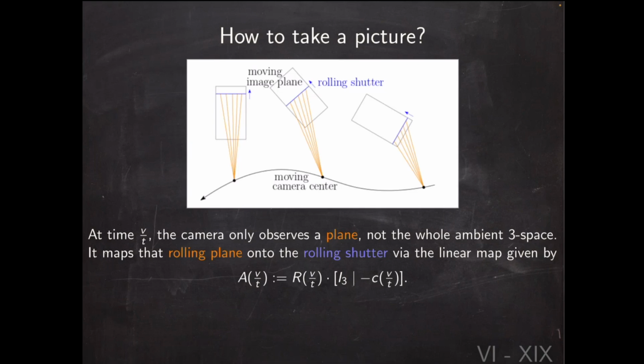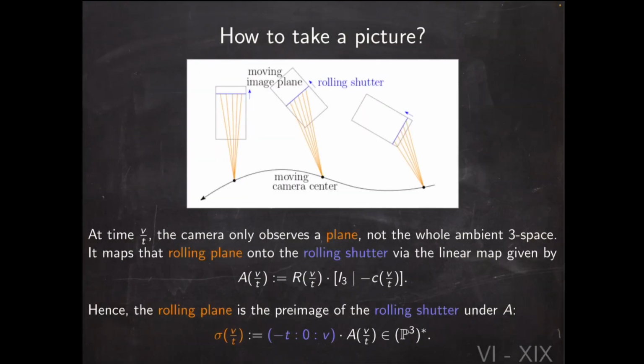So if I know the blue line, which was given by this vector as one concrete choice, then I can compute the plane by taking the pre-image under this linear map. So given how the blue rolling shutter moves, and given rotation and camera center at each time, we can compute these orange planes.